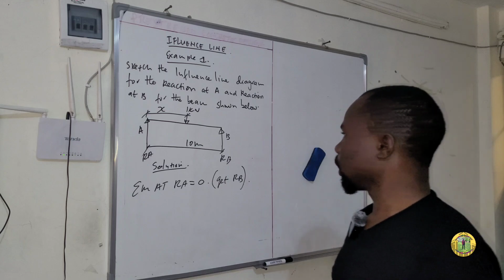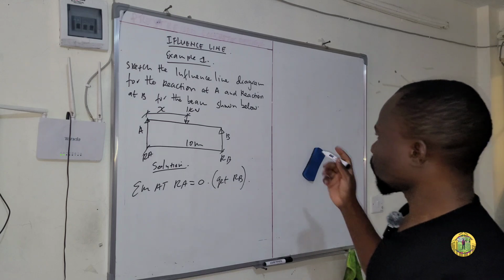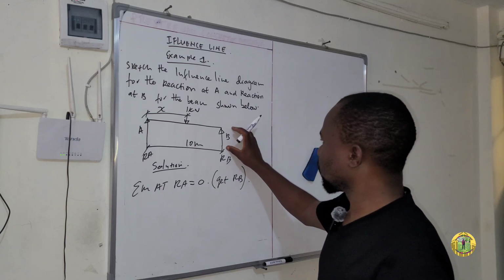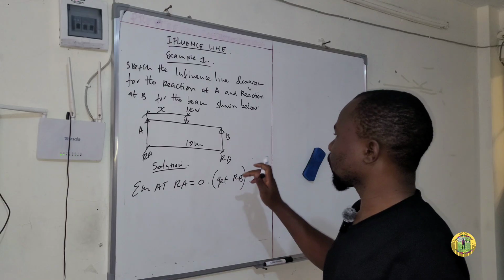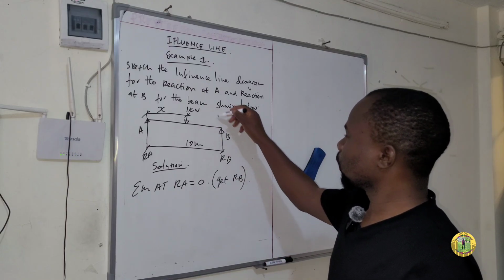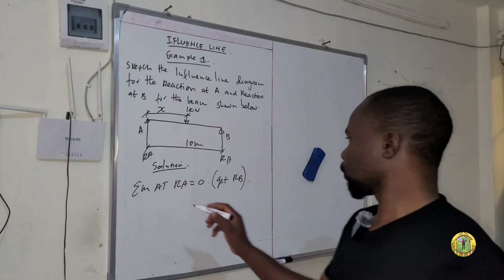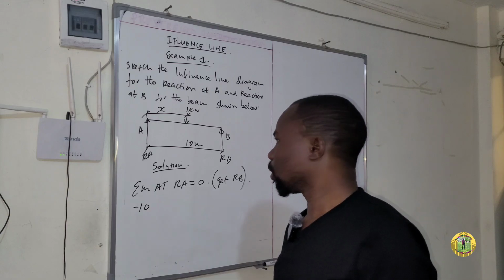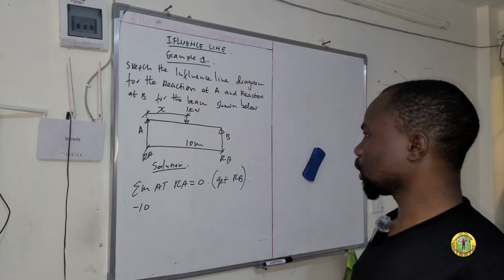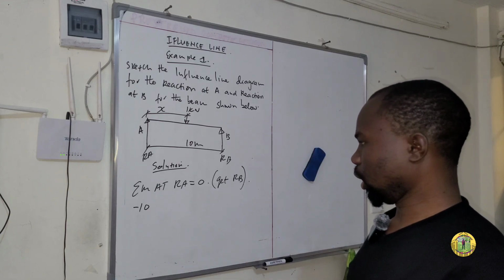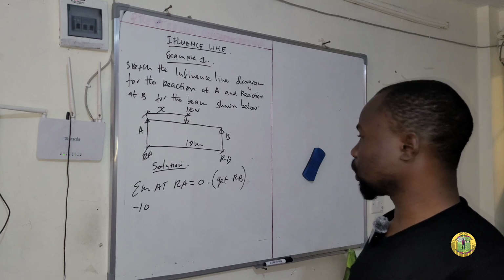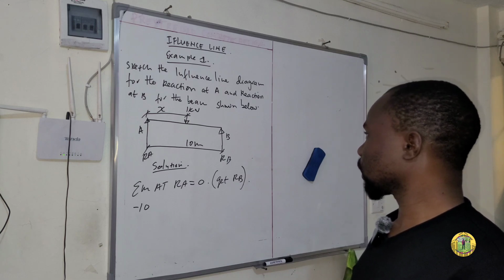Now, in which direction is RB moving in reference to RA? It is moving in anti-clockwise direction. So this is minus 10. All anti-clockwise forces are considered negative, and clockwise forces are considered positive.